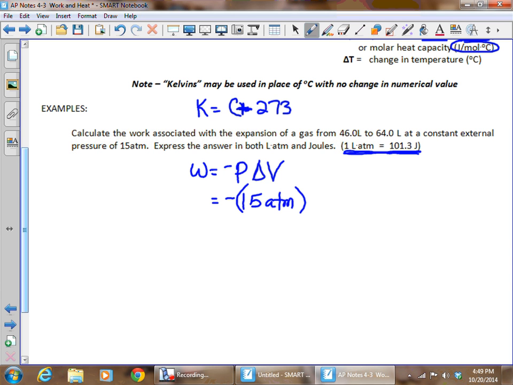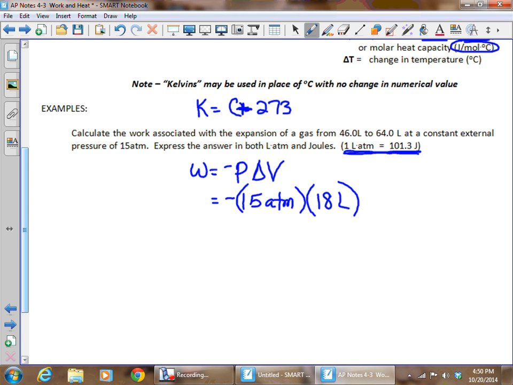Always do final minus initial for a change, so we're going to end up with a positive value for this. What does it end up being? 64 minus 46, we should end up with 18. I want to say 18, but it would be just like me on a video to get the wrong value for a simple calculation. So 18 liters is our change.